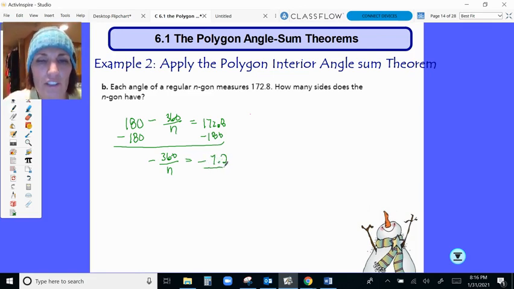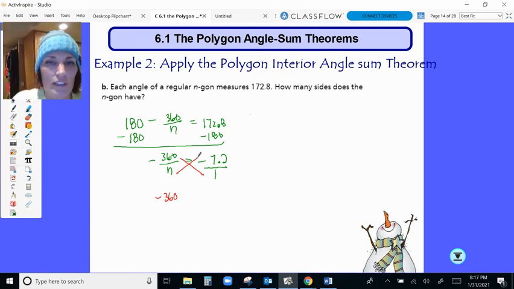Now right here, you can write this as a fraction, 7.2 over 1, and then you could do your proportion rule, which is this times this equals that times that. So negative 360 times 1 is negative 360 equals negative 7.2 times n, which is negative 7.2n.